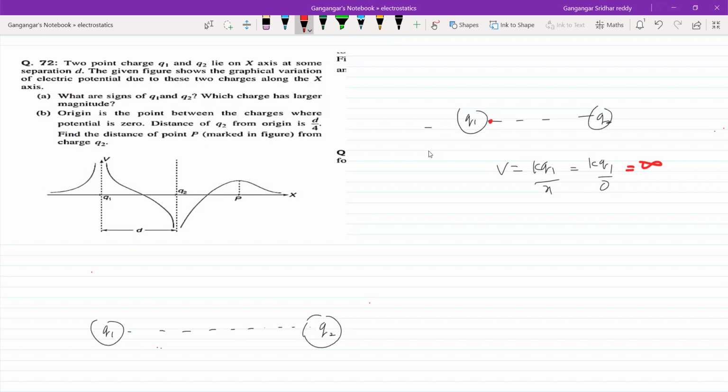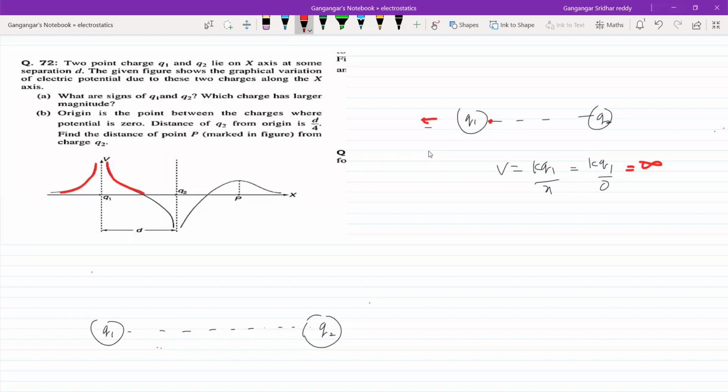Look at the graph. Are you looking at this part of the graph? I'm asking you to look at this part of the graph. Then again, due to a point charge, the potential will vary symmetrically, no?